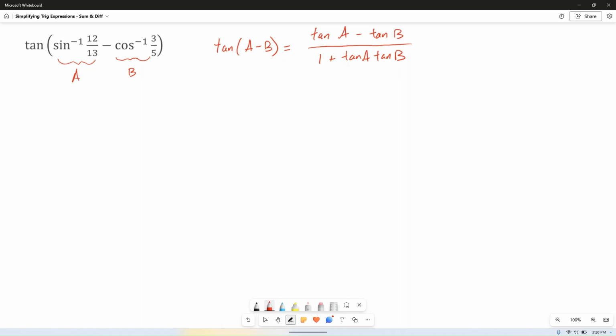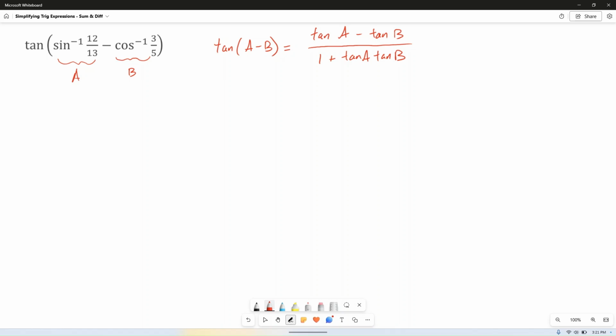Because this is written in terms of A's and B's, you might be thinking, how do we find what A and B are? But I actually don't need to ever truly find the value of angle A and angle B. I just need to take the tangent of A and the tangent of B. So again, we don't need to find the angle, we just need to know what the tangent is.